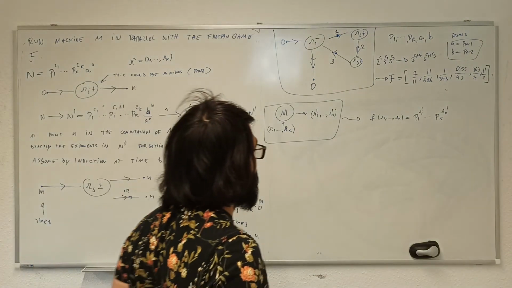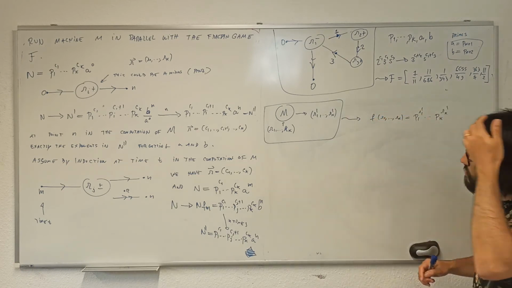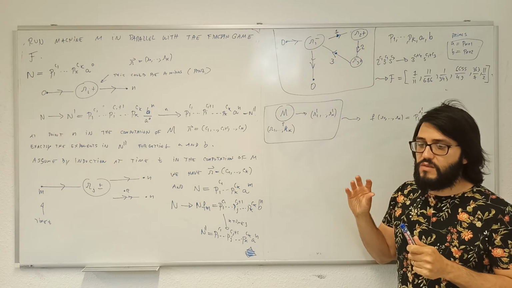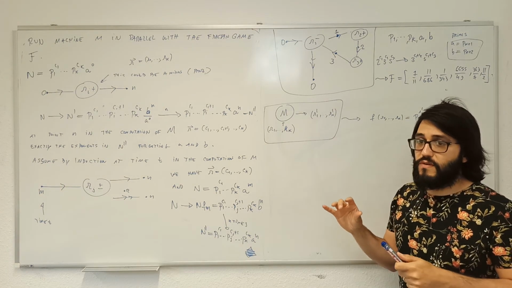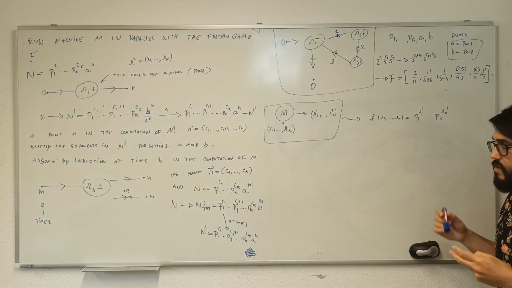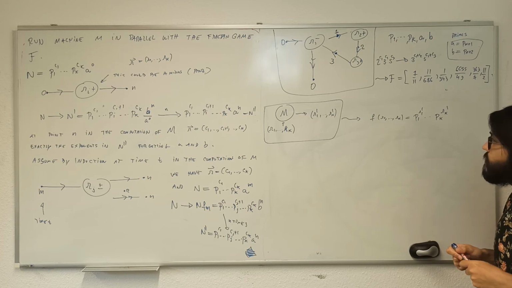And what I mentioned was that this is what we define as computable functions. These functions f, coming from Minsky machines. And this exactly coincides with the set of partial recursive functions in the way I described before.